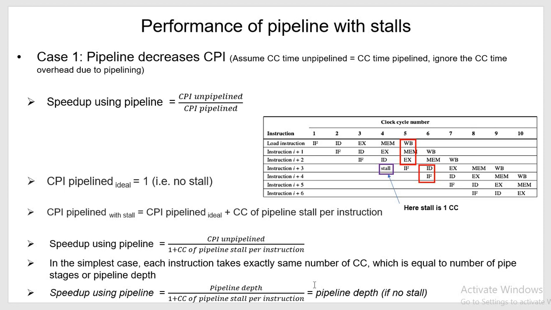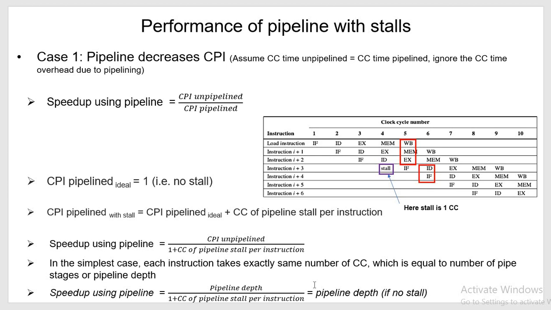The pipeline structure decreases the CPI, and for this particular case we have to make one assumption: that the clock cycle time of the unpipelined structure is equal to the clock cycle time of the pipelined structure. So we ignore the CC time overhead due to pipelining.